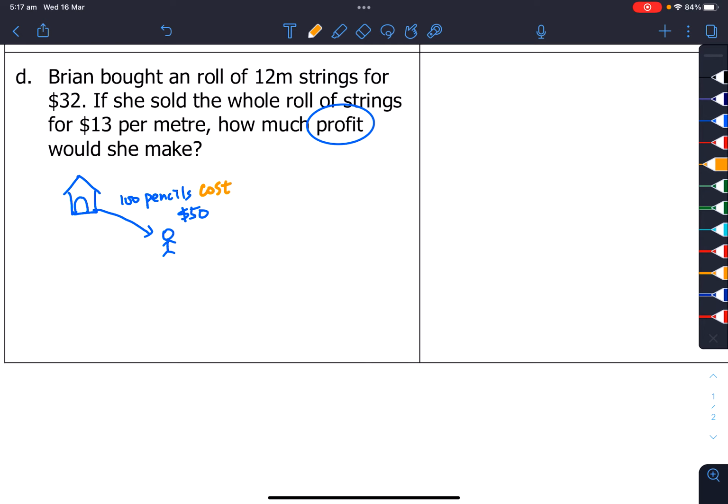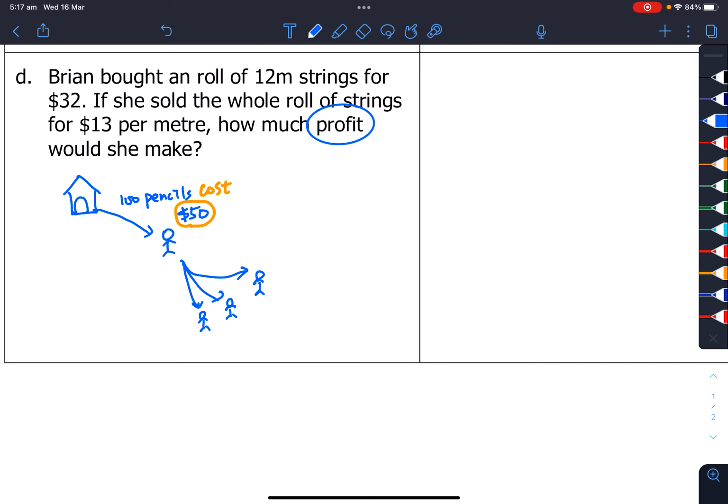You borrow pencils from shop, you spend $50. And then you sell the pencils to your classmate. You have a last classmate here, right? So totally, if you sell each pencil, for example, maybe $1, right?